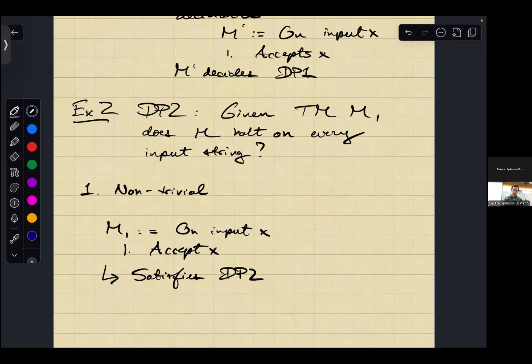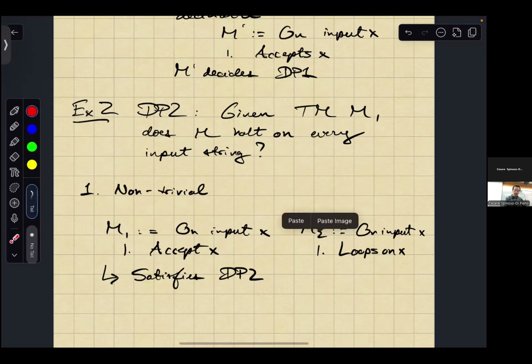I can also create a no instance. I can create the machine M2, which on input X loops on X. So no matter what the input, my Turing machine always loops. It always just immediately throws into an infinite loop. So that means that, given any input to the Turing machine, it does not halt.